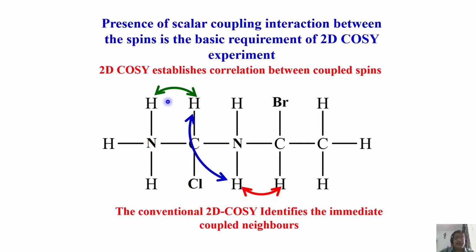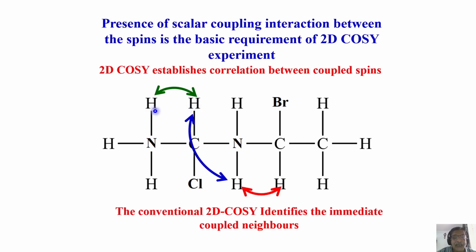See this, let us say this proton in the T1 period is persisting at a certain frequency and gives part of its magnetization to this. It can also give part of the magnetization to this because it is coupled, if there is a long range coupling. It is not restricted only to immediate neighbors. Of course, the probability is higher for immediate neighbors because that coupling strength is larger.